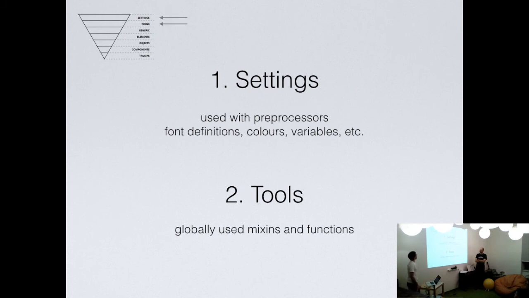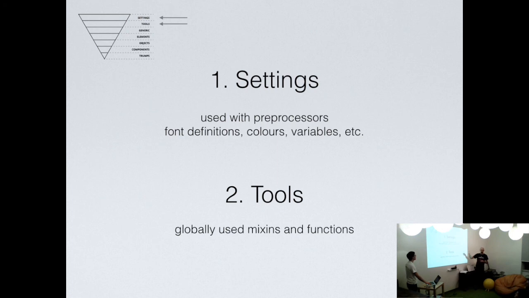So we start with settings and tools, and those are preprocessor specific. So if you used plain CSS for some reason, they wouldn't be relevant. But they are at the top because they affect the whole style sheet structure.